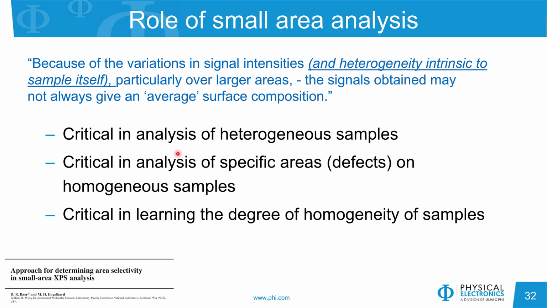If you have defects on the sample or would like to avoid some contamination, it's critical also in analysis of homogeneous samples, as I showed you for the silver foil example. If you're not sure whether you have heterogeneous or homogeneous samples, it's really easy to use small area analysis and to learn the degree of homogeneity of the sample.